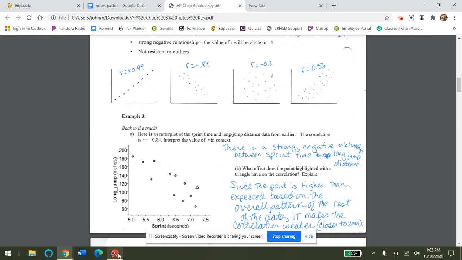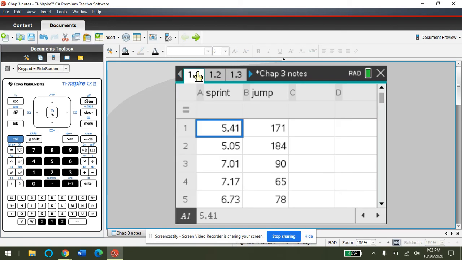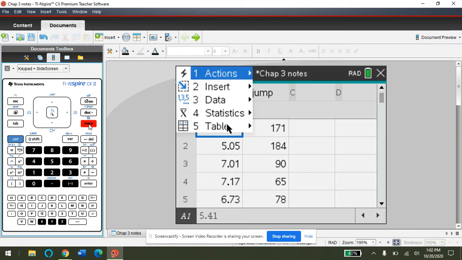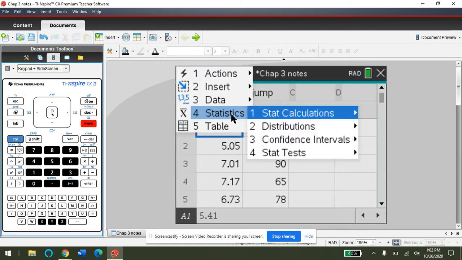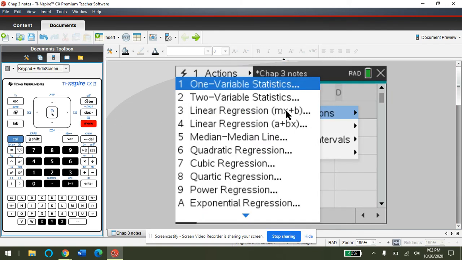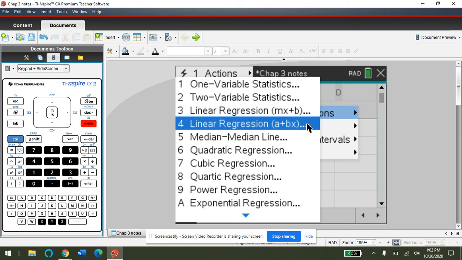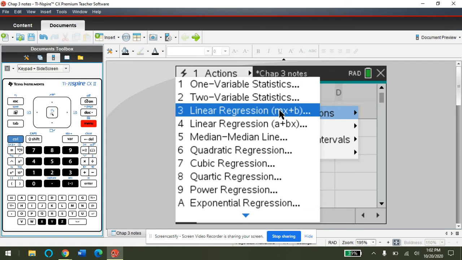No, they're not. So if we go back to the calculator and we come here, we're going to get that R from here. You're going to go Menu, Statistics, Stat Calculations. Pick this one. Now, I know that you are used to seeing things in mx plus b form, because that's the equation of a line.